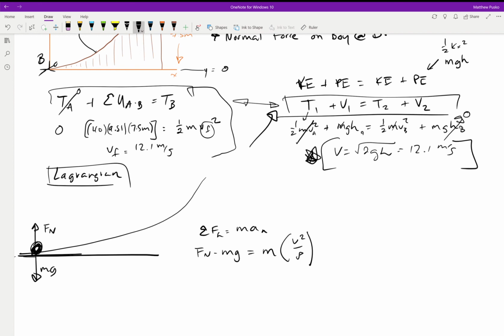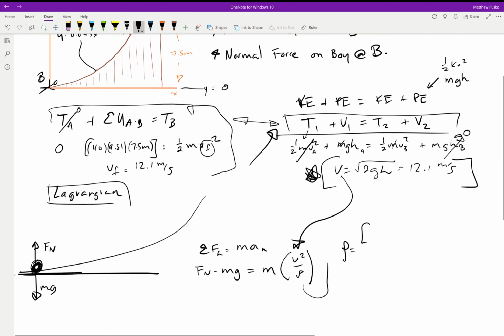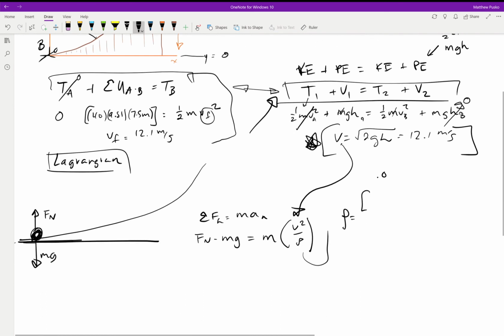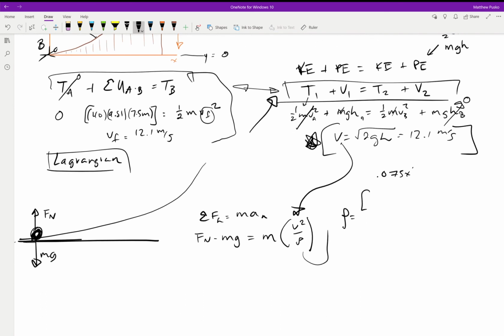The only thing we don't know, because we can substitute v right here, is rho, but remember, rho can be found by taking this path they gave us, 0.075x squared. Taking two derivatives, and they want to evaluate the whole thing at x is equal to 0.